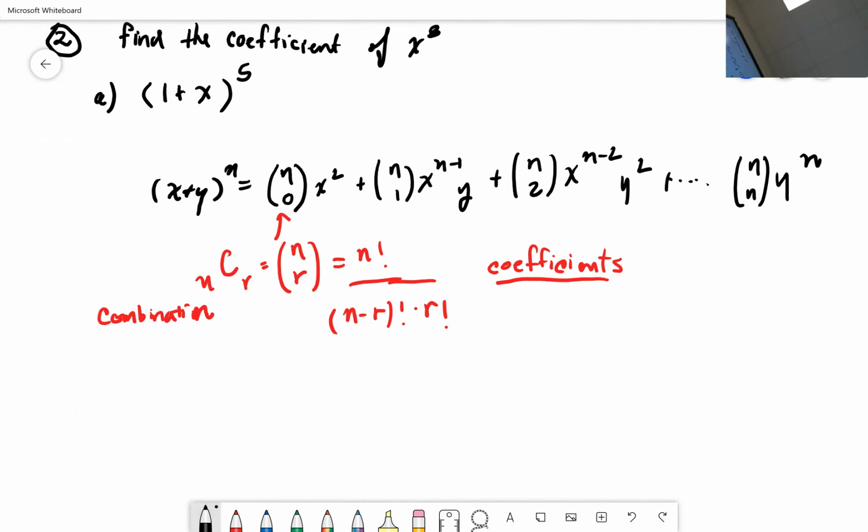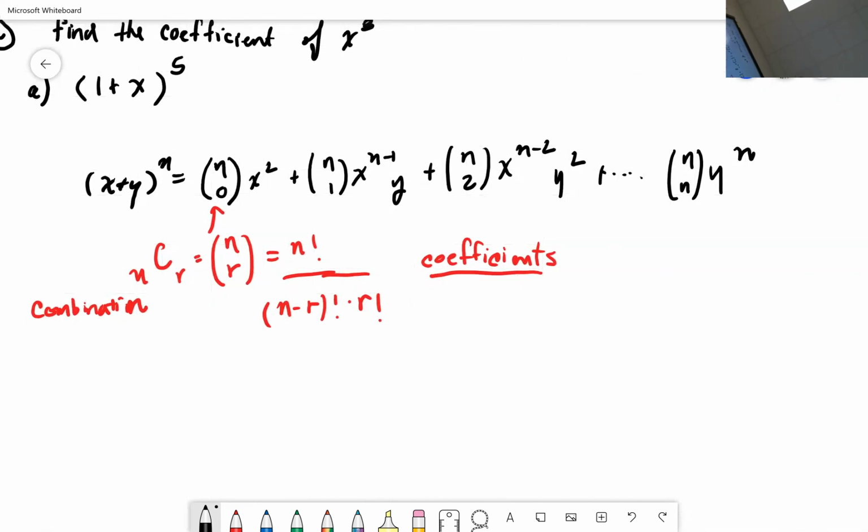All right, so let's go ahead and write this. We want the third power here. And what we notice from the expansion formula is that the third power depends on what we pick.